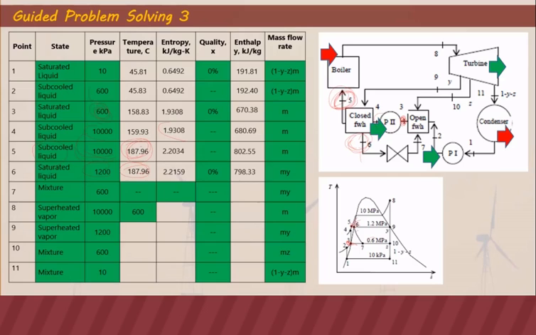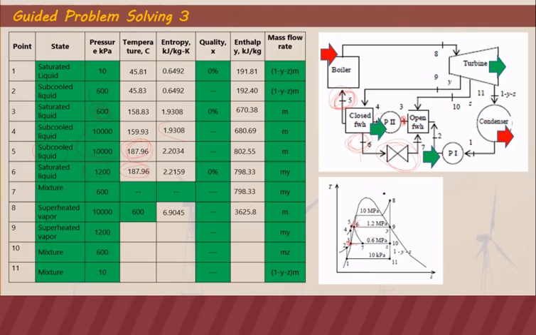At point 7, as you can see, 6 to 7 is throttling. Throttling is an isenthalpic process. So 6 and 7 have the same enthalpy, so we have here 798.33. At point 8, we're given a superheated vapor with two properties, so we can get the other properties.